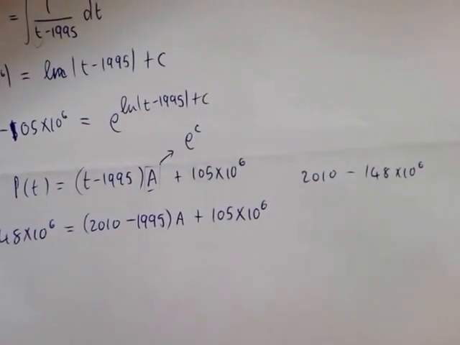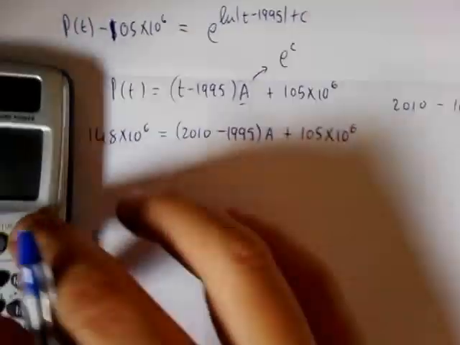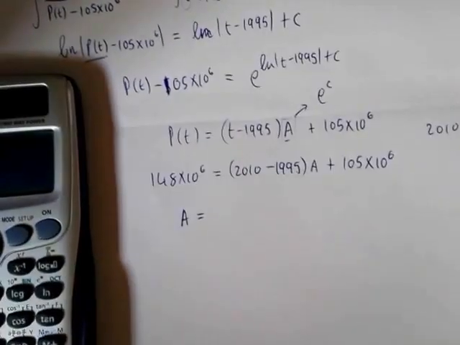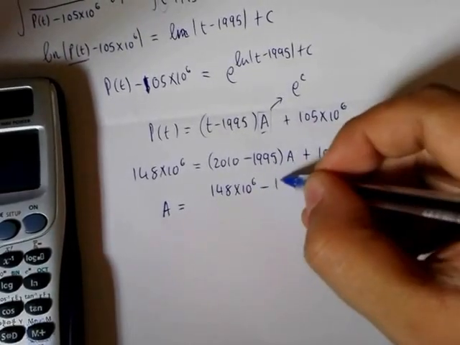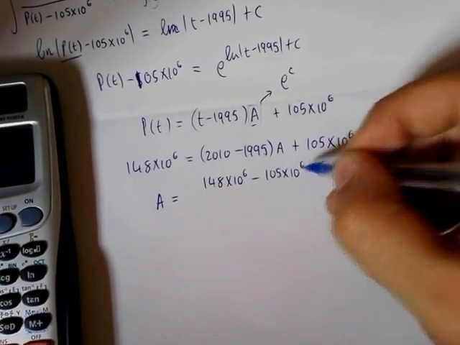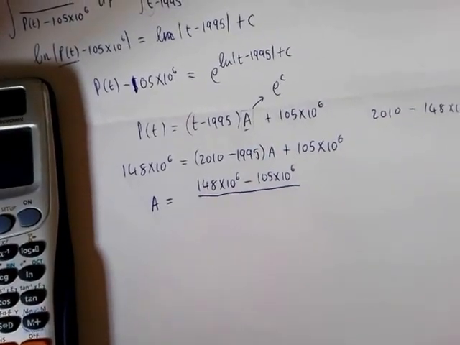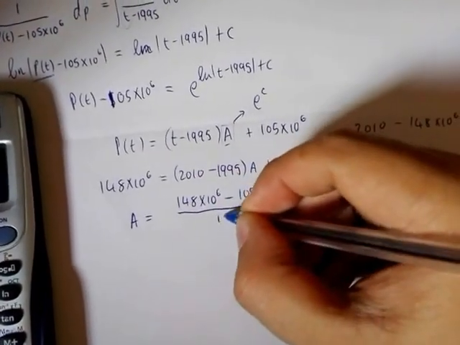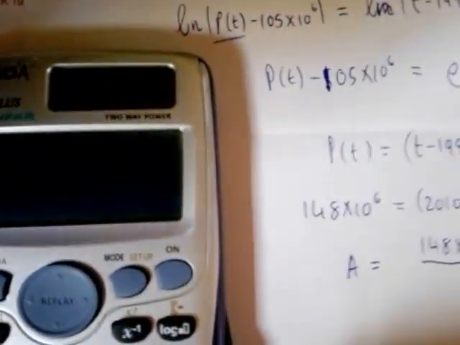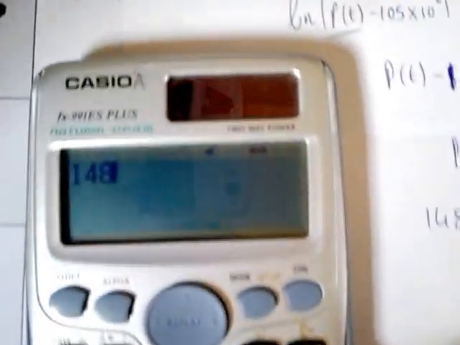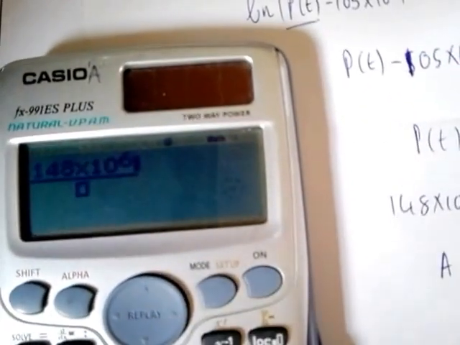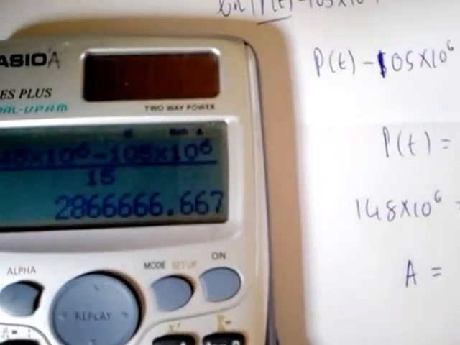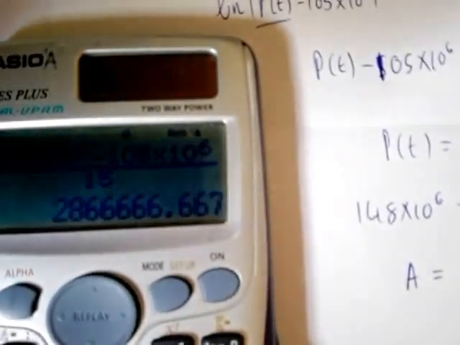Alright, so then using a simple calculation, we get that A is equal to 148 minus 105 over 15. And putting that in the calculator, you get A is equal to this value.